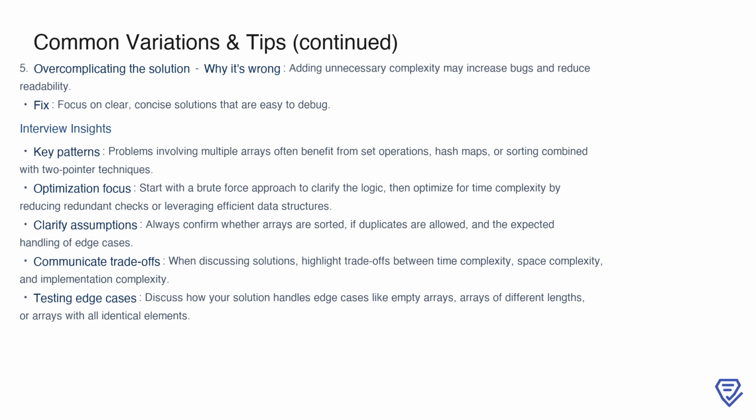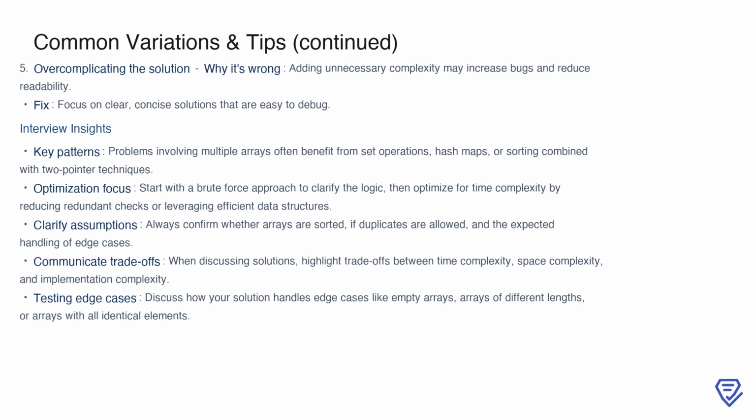Now, in interviews, there are some key patterns and strategies to keep in mind. For problems involving multiple arrays, techniques like set operations, hash maps, or sorting combined with two-pointer approaches are often very effective. You should also focus on optimization. Start with a brute force approach to solidify your understanding of the logic, then refine it by reducing redundant checks or leveraging efficient data structures. It's equally crucial to clarify the problem's assumptions.